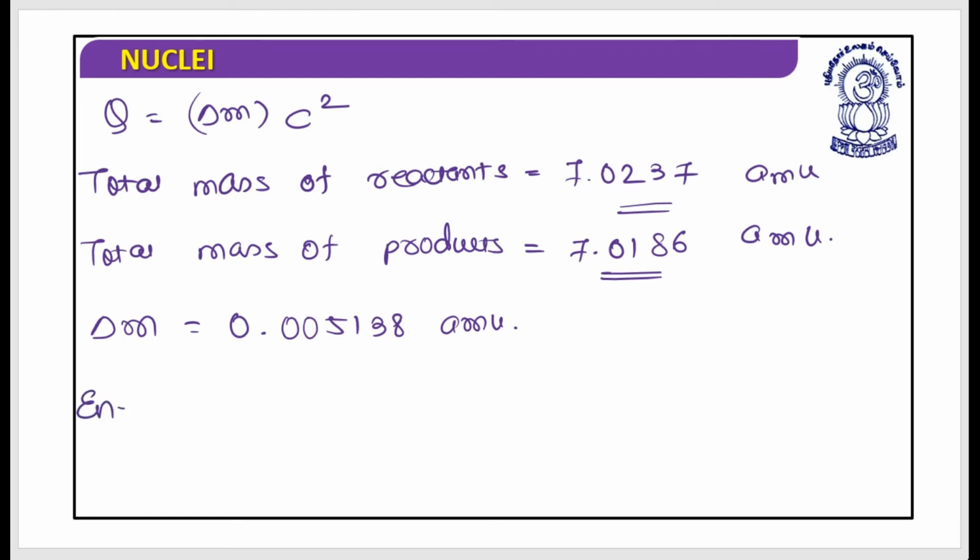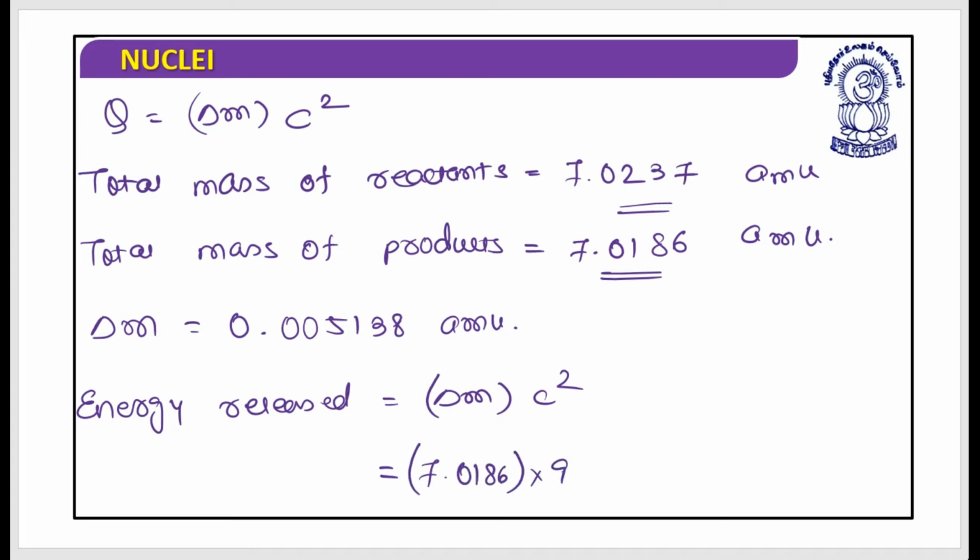And this energy released is equal to delta m into c square. This is equal to 7.0186 multiplied by 931.5 MeV. This is 4.783 MeV. This would be the answer.